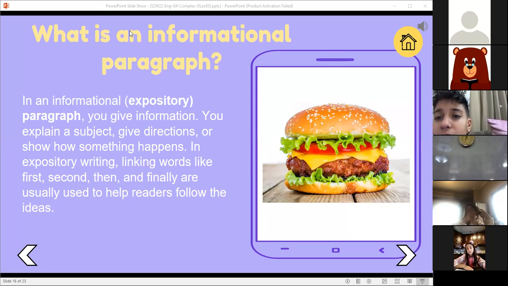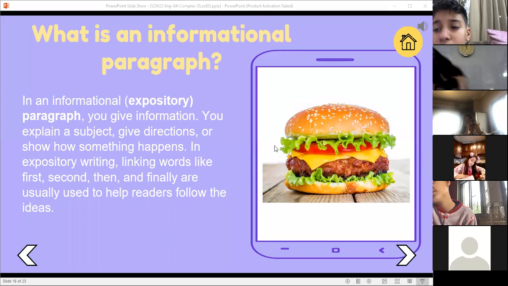In expository writing, linking words like first, second, then, and finally are usually used to help readers follow the ideas. Excellent, Fadl. Miss, this one is just like the writing we did last time. It's all about steps when you use time order words, okay? Thank you, Fadl.